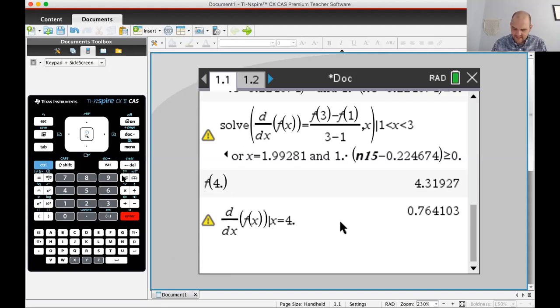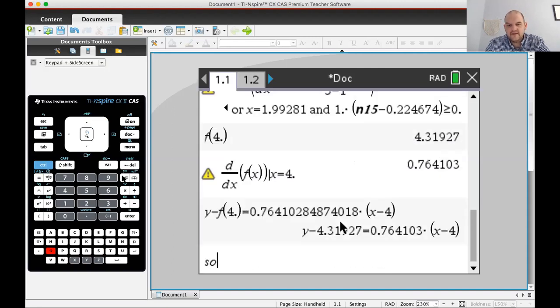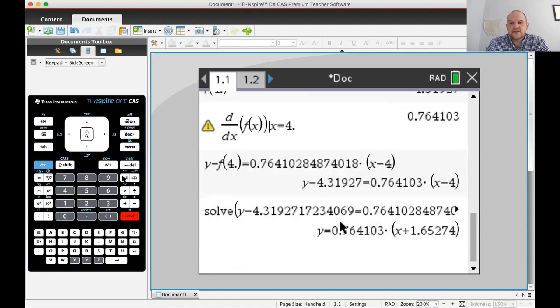Okay, so the tangent line that I'm going to write, I will handwrite in a second. I need to approximate f of 4.1. So what I'm going to do is say the tangent line would be y minus f of 4 equals this slope times the quantity x minus 4. And then I'm going to solve that for y. See how many decimals it's keeping? It's keeping a ton.